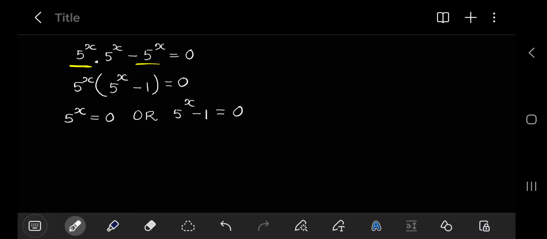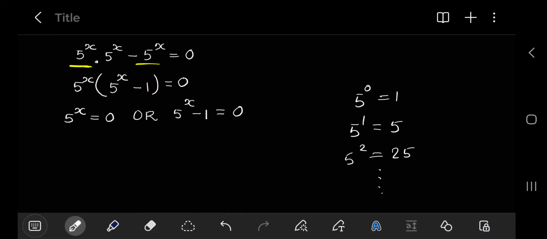But notice that we've got 0 on the right hand side. There is no power that we can raise 5 to that gives you 0. If you think about it, 5 to the power 0 is 1. 5 to the power 1 is 5. 5 squared is 25. And it continues.